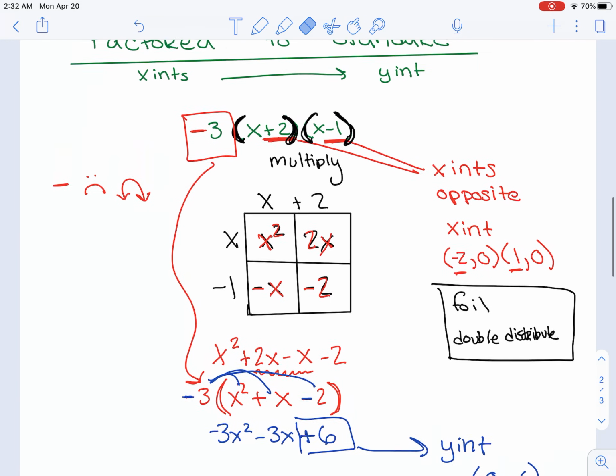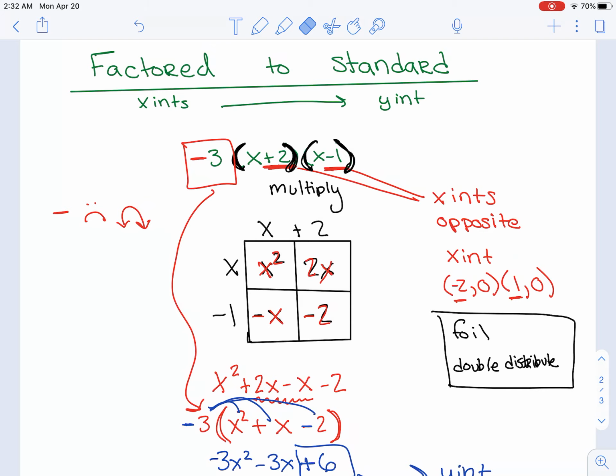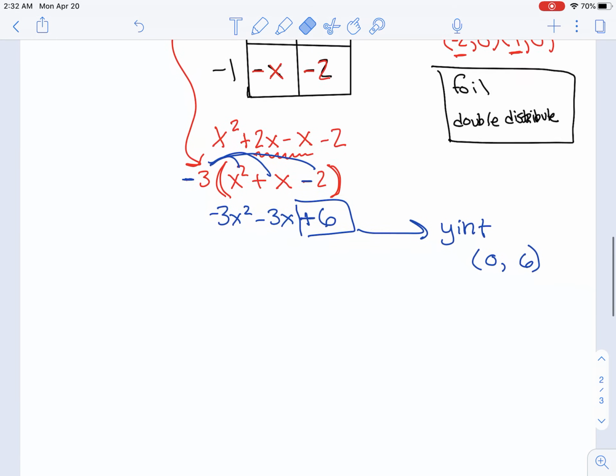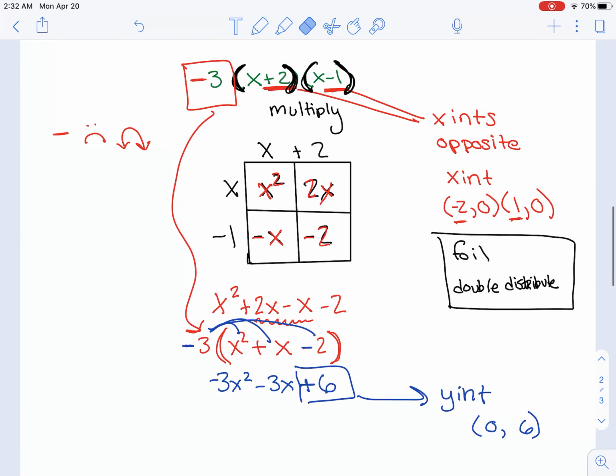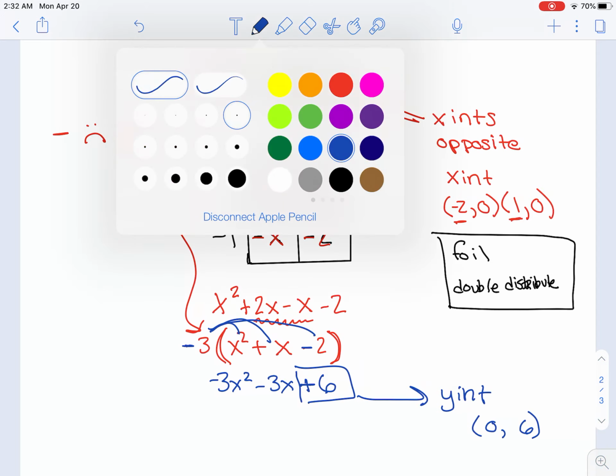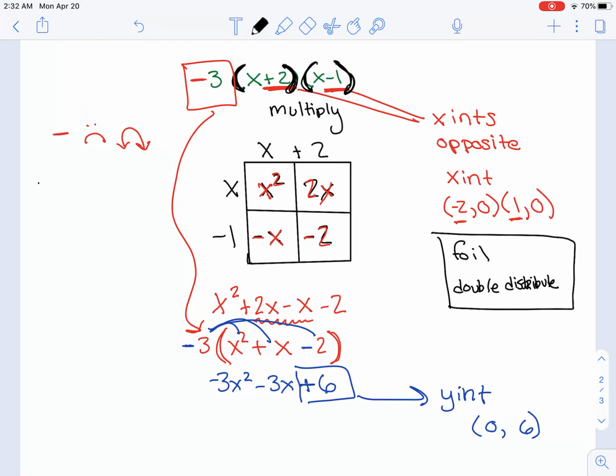Okay, so we need to go over what it looks like to move from factored form to standard form. Step 1 is draw a box.